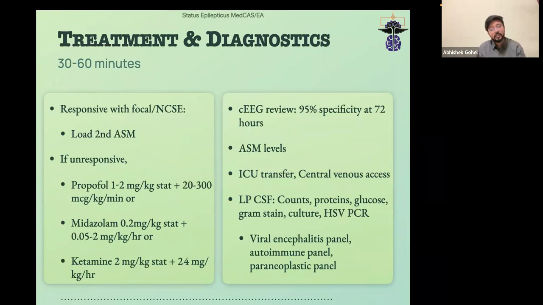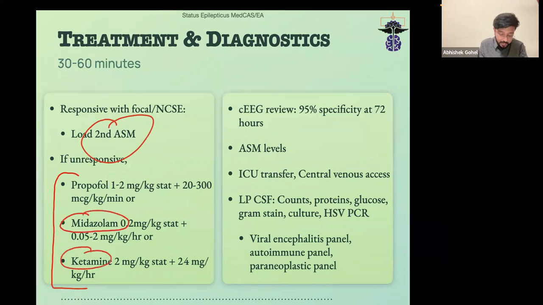Next, if it is a focal seizure, you go for the second anti-seizure medication. If it is a generalized seizure or an unresponsive seizure, you go straight away with an IV anesthetic agent in the form of propofol or midazolam or ketamine. My personal favorite is midazolam and ketamine.